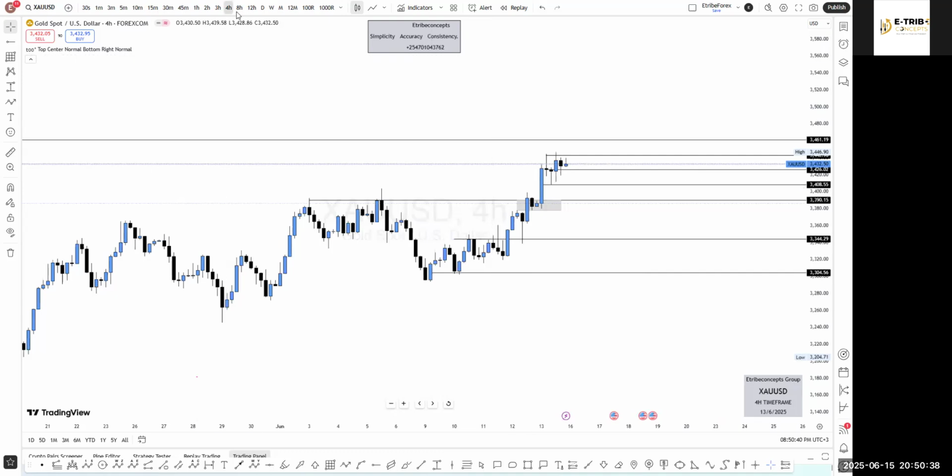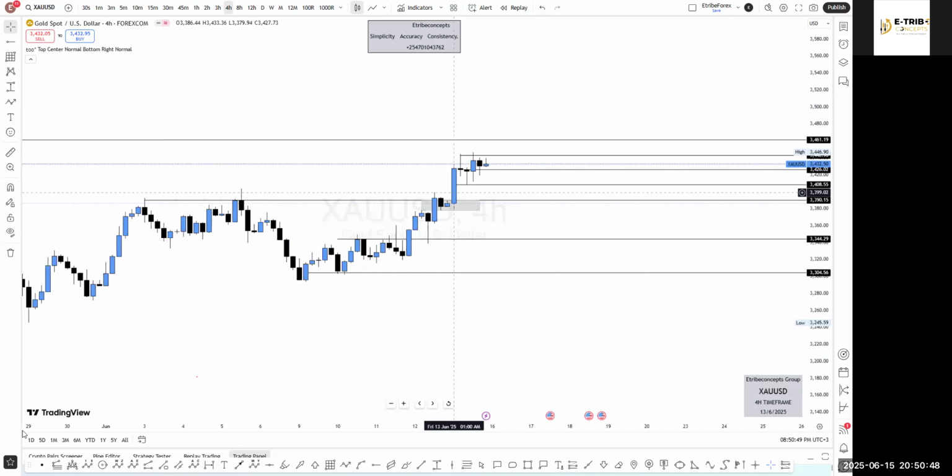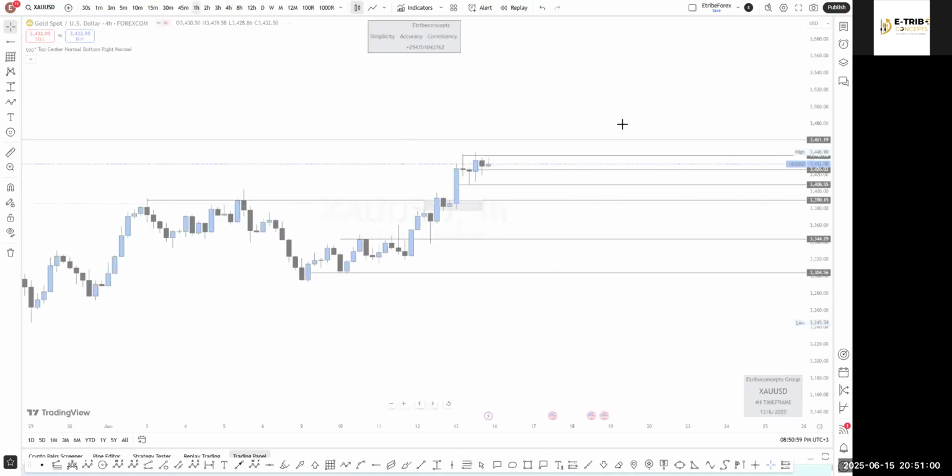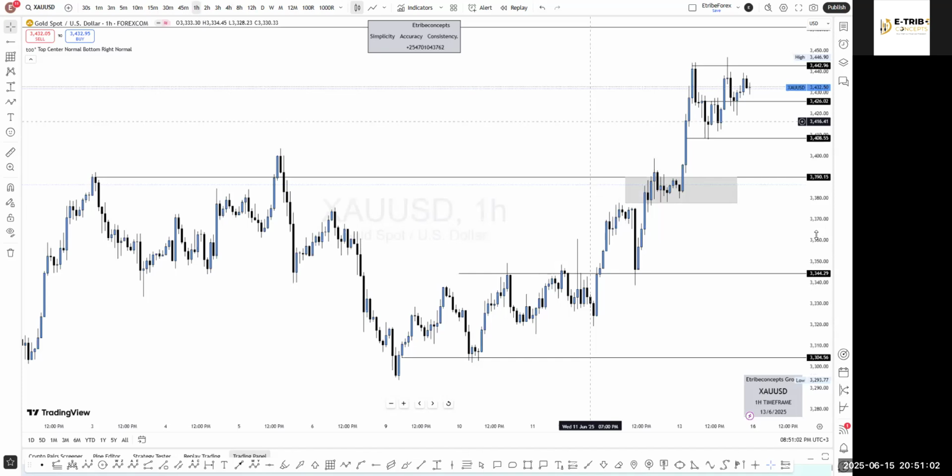Then we also have this one that has not probably been tested. But before the market bought, there's this area that was created, which you'll see on the lower time frame. I'm expecting gold to continue pushing up.